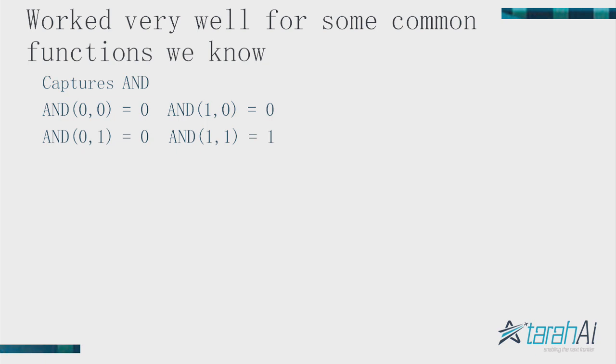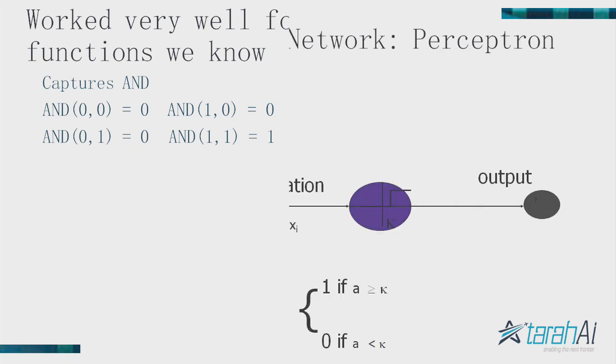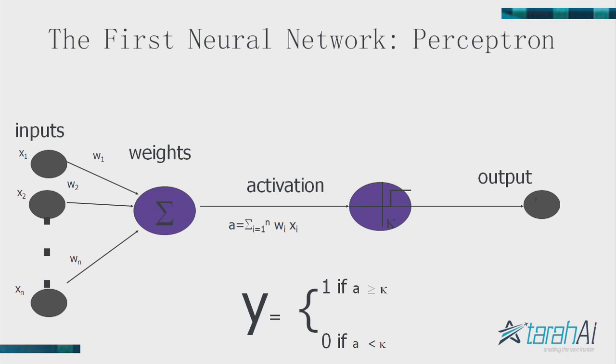Now you have to think about this function x1, x2. The final output should be what AND should give. So draw the structure like this: W1, W2, W0, x1, x2, constant. Then, depending upon k, you will get the output.